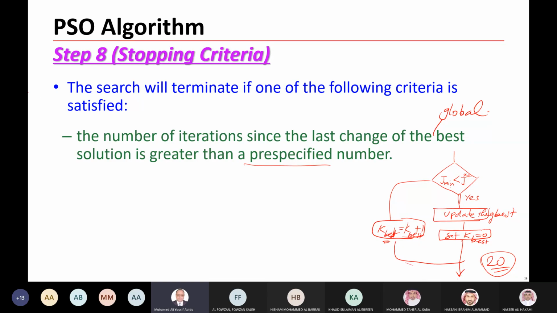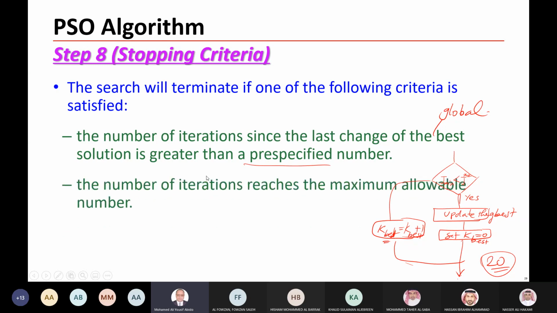So this is how to implement this simple criterion. If the best solution doesn't change for a long time, 20 iterations, we can stop. The other stopping criterion, which is the classical one, is when the number of iterations reaches the maximum allowable number.